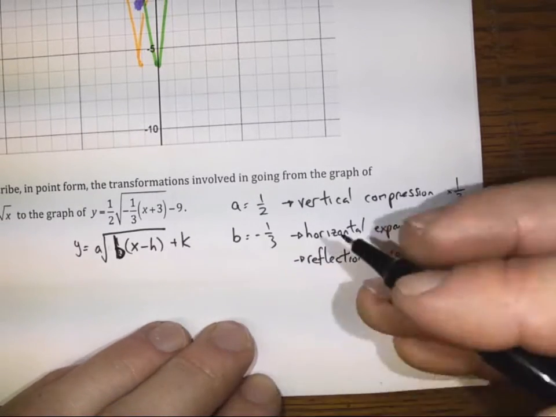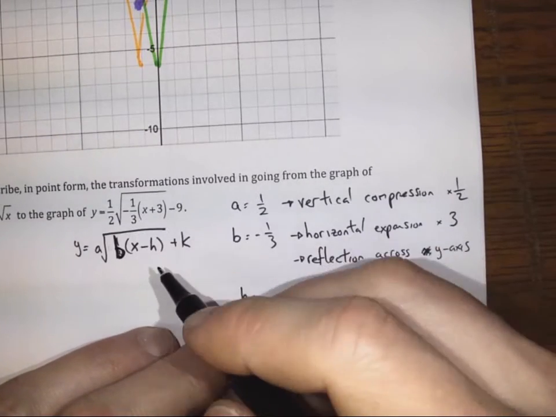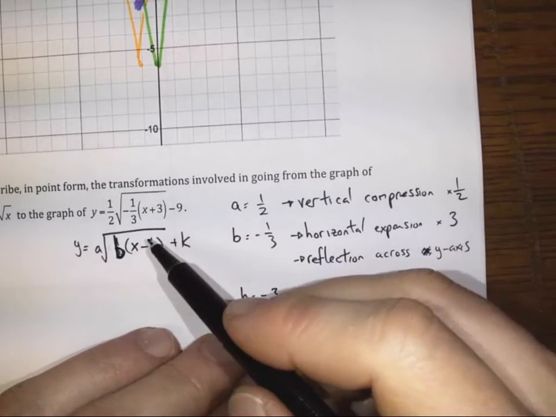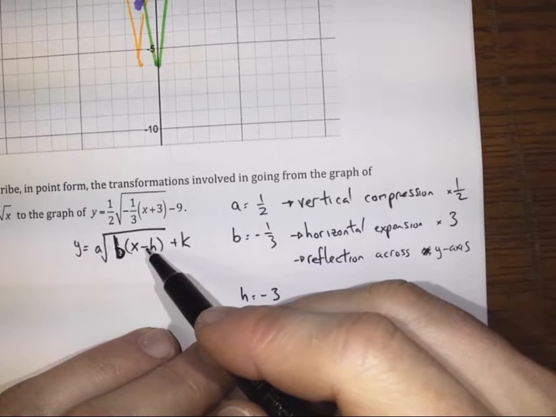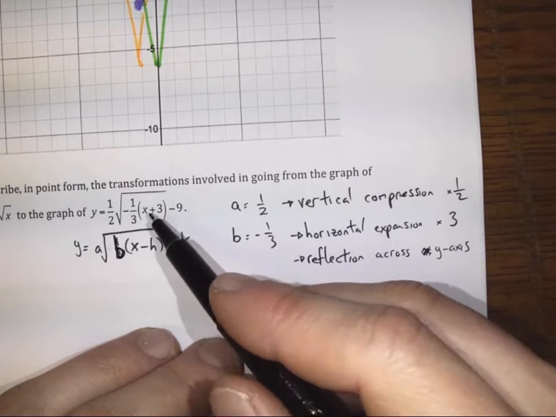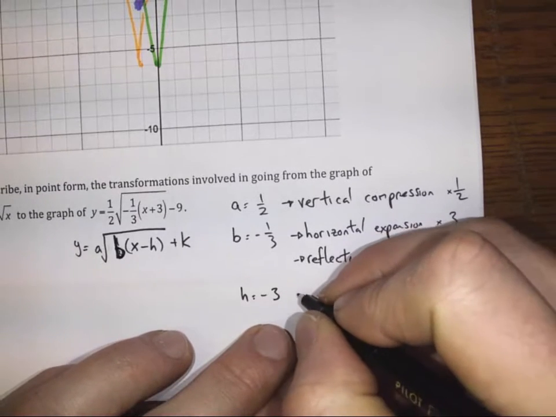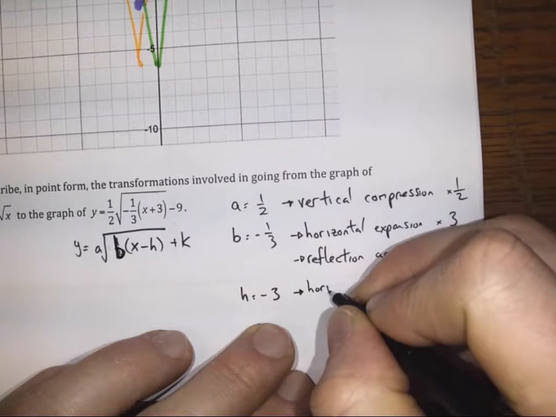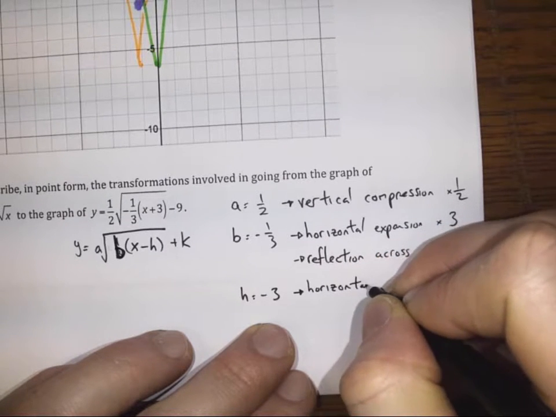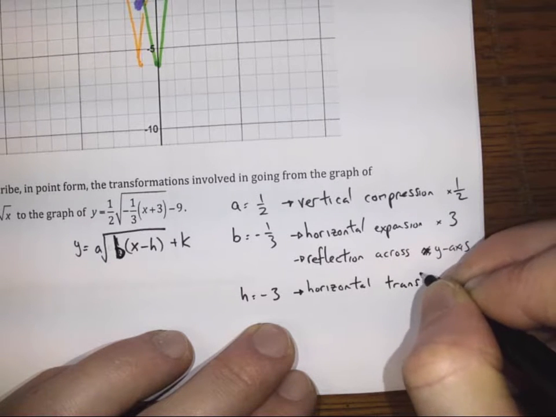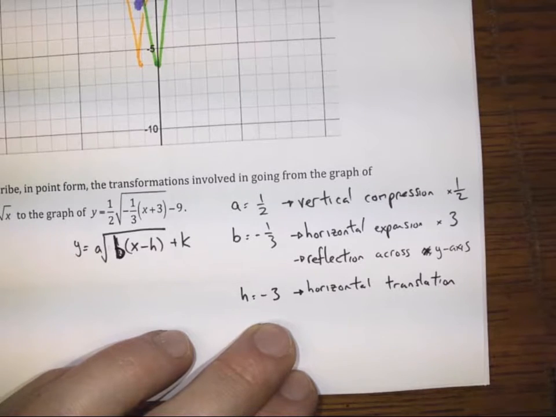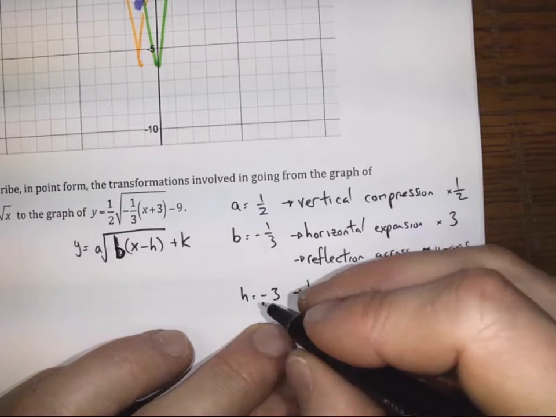Okay, then next we have an h value of, looks like we'd have a -3 here, and if you take -3, we get x plus 3 is the way that simplifies. So that means there is a horizontal translation, and that is 3 units to the left.